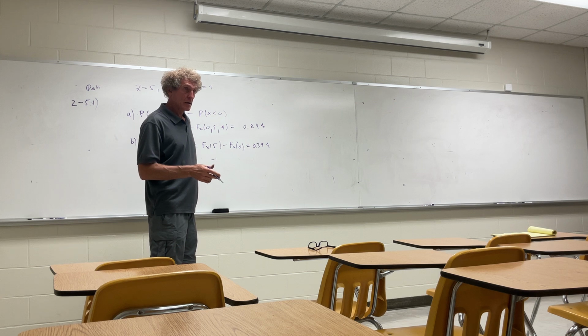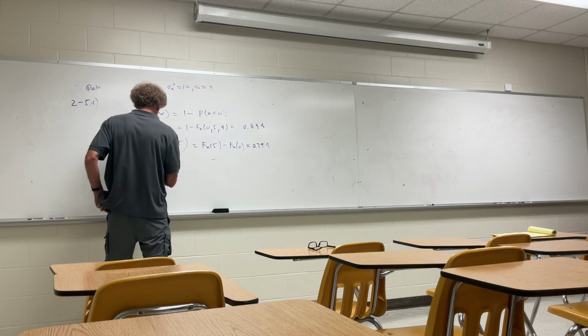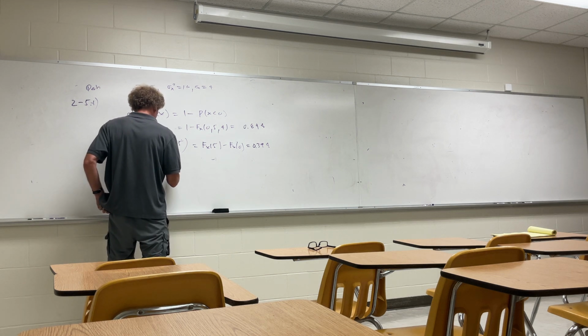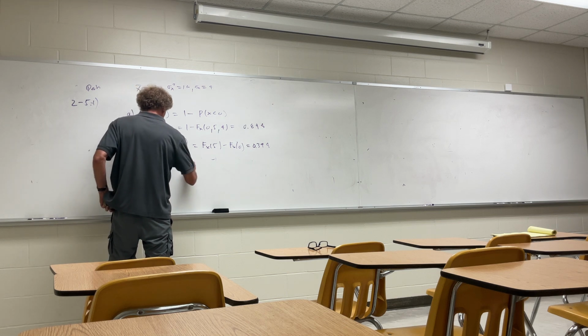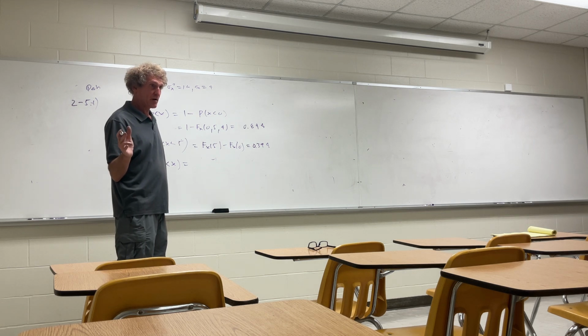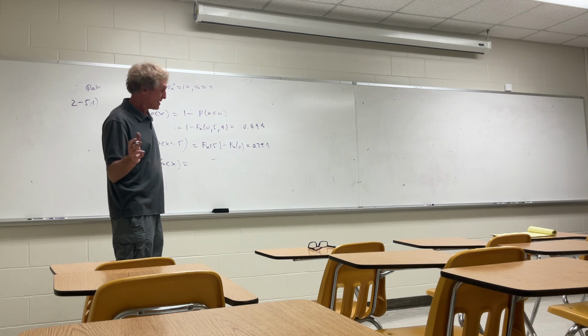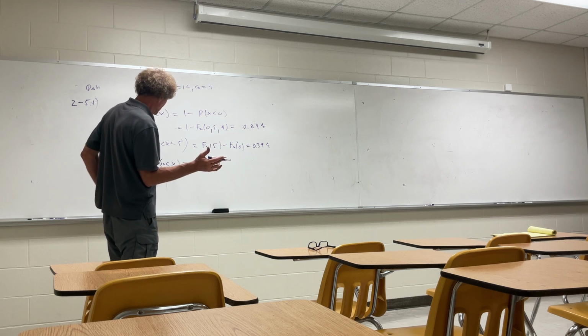What's the next part? The observed value is greater than twice the mean value. So really for part C, I think we can all do this. Probability that x is greater than 2 times the mean. If the mean is 5, that's 10, right? Now we're getting at the hairy edge where we might have to use that approximation. Y'all follow me in this class? I think your calculators will get it.